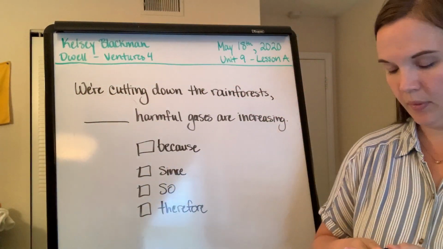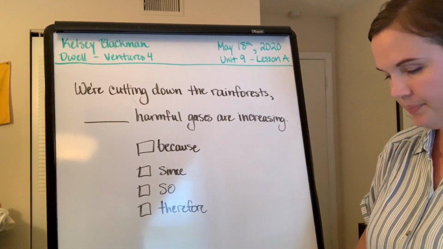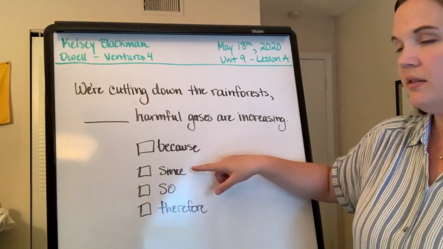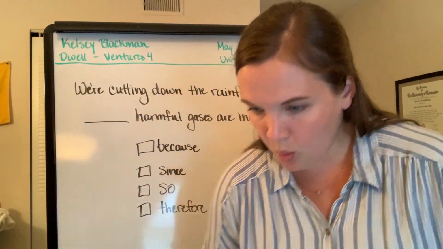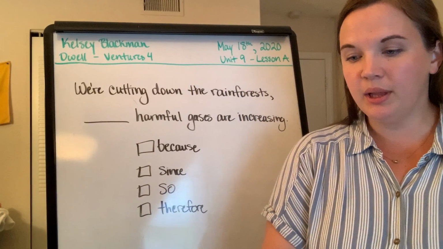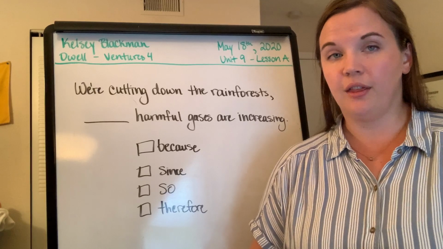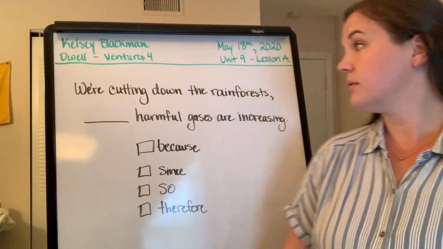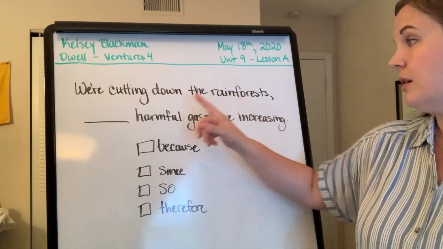Okay. So we've got a sentence and we've got 4 connectors here. Because, since, so, therefore. Now, which connector can complete the effect clause or the result clause? We're cutting down the rainforests.